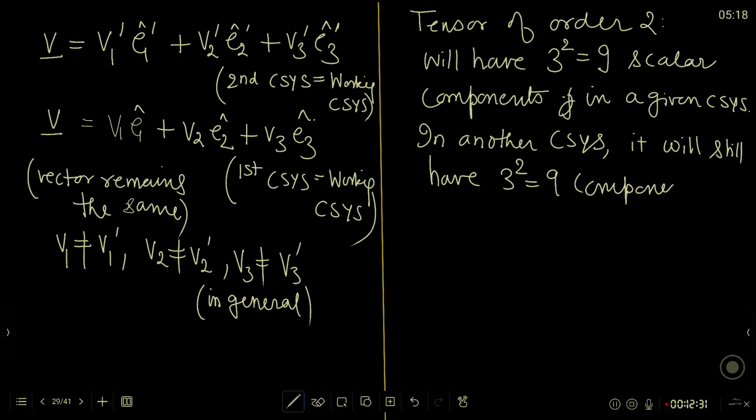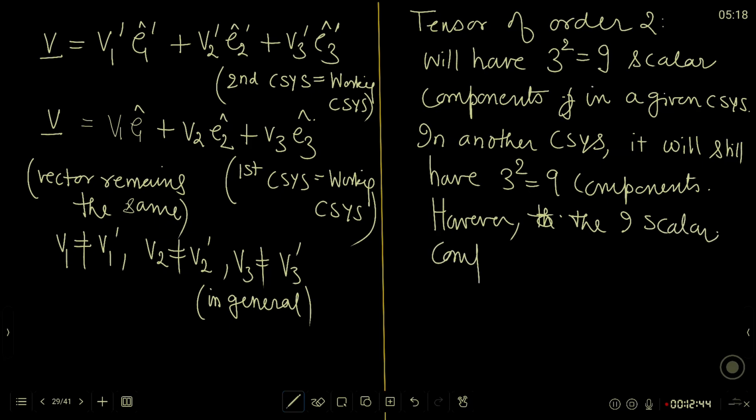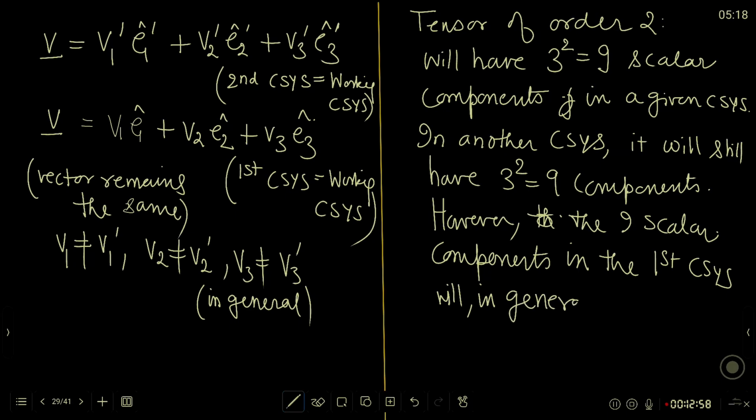However, those 9 components will in general be different. Nine components in the second coordinate system.